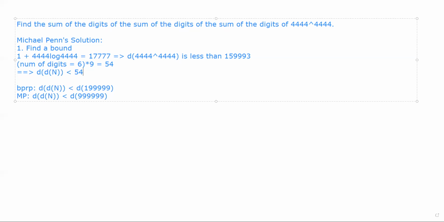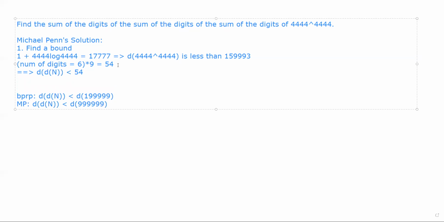Okay, and then if you look here, he said that d of n is less than, no, less than or equal to d of 49, which is equal to 13. Okay.